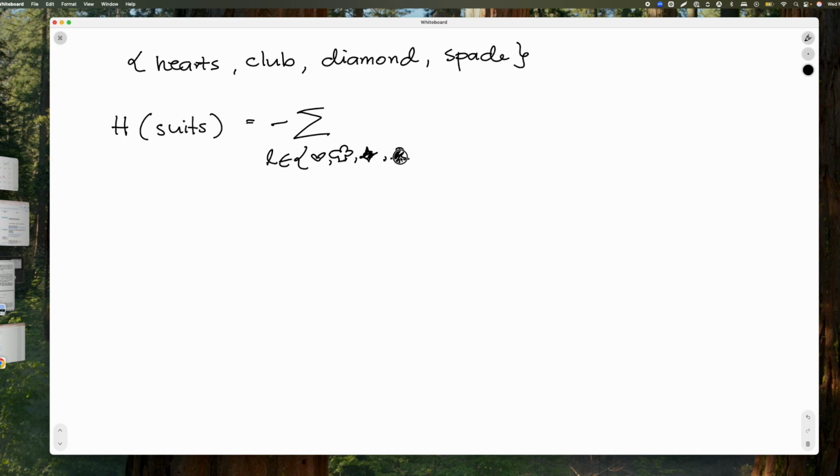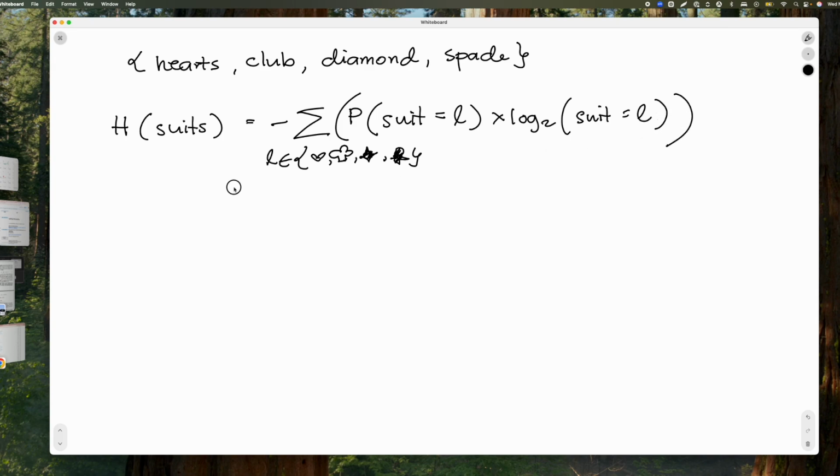It's better to use letters. So yeah, bear with me. So you have H of suit equals negative summation of L times log base 2 of L. So let's just simplify this.